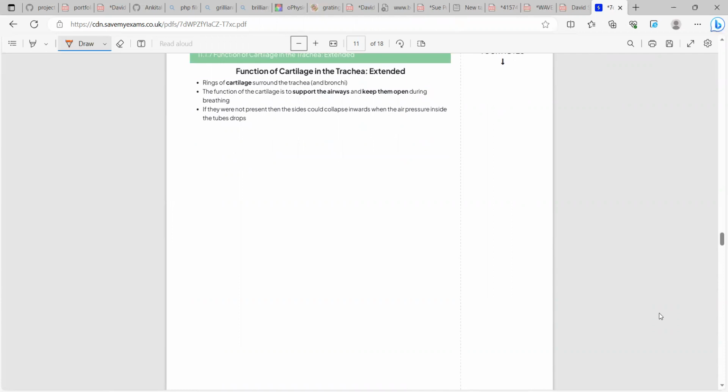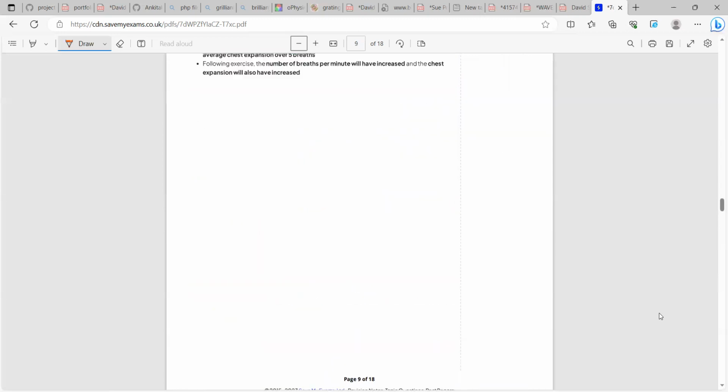Right. Let's look at this. The body is made up of different parts, even the respiratory system. Let's try to analyze everything from the nose right until the end.